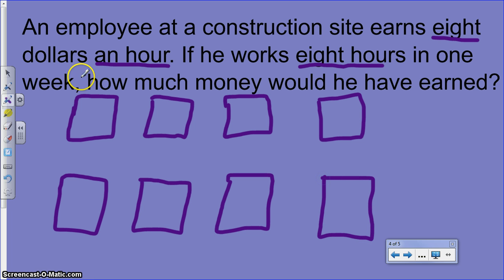Okay? Now, again, if we go back, it tells us that he earns $8 an hour. What that's telling me is that every hour he works, he earns $8. So in every single hour, he's going to earn $8. So there's hour 1, he earns $8. Hour 2, he earns $8. Hour 3, he earns $8.